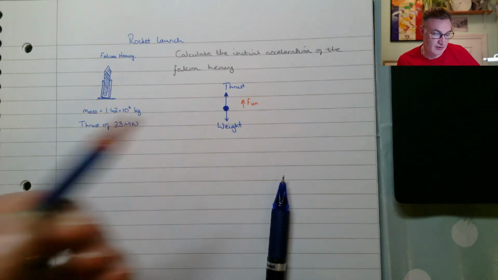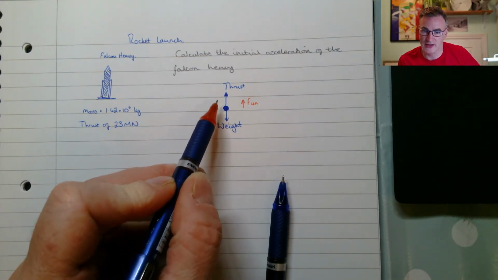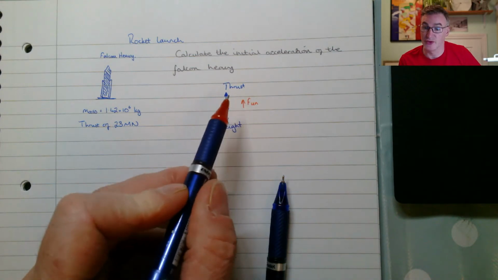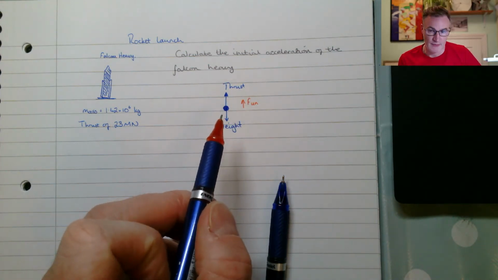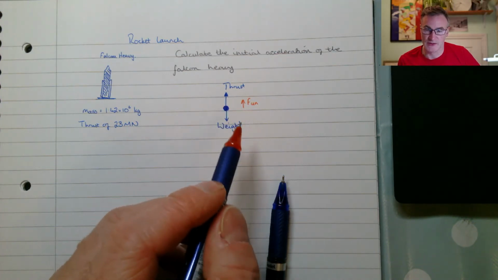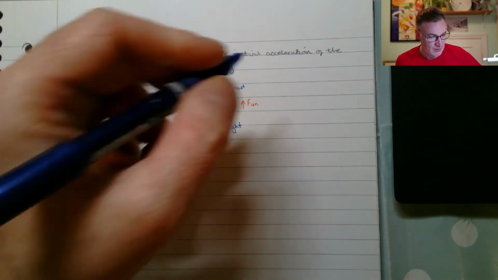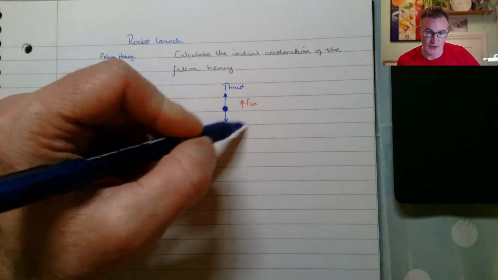And from Newton's second law, if there is an unbalanced force, the object will accelerate in the direction of that unbalanced force. First of all, we can start by working out what the weight is.